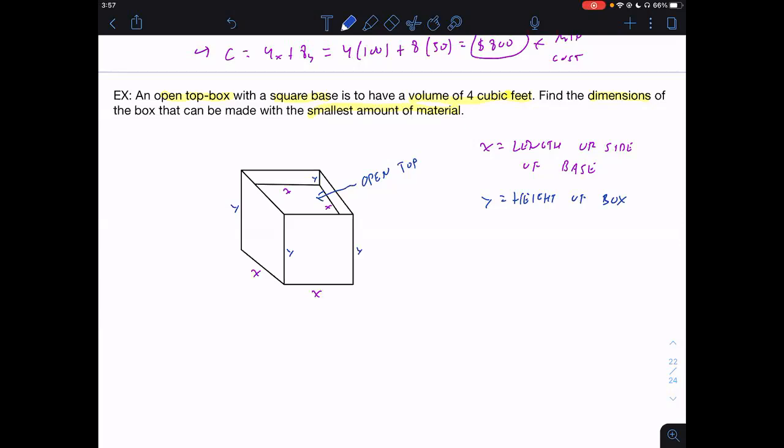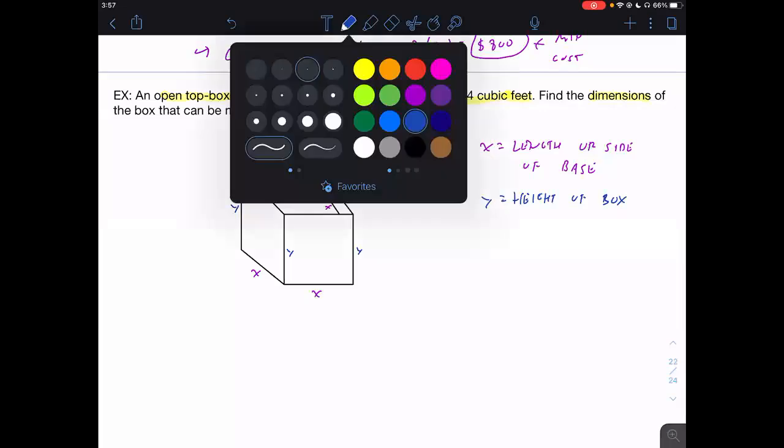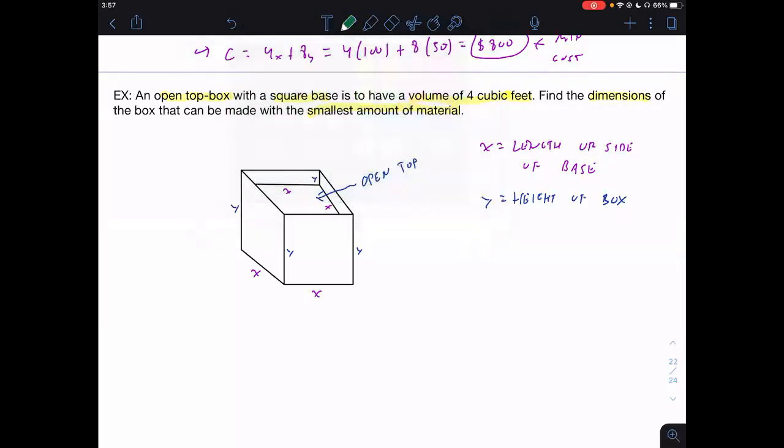So now what? Well, what else does it tell us? It tells us this open top box is to have a volume of 4 cubic feet. How do we define volume again? How do we find the volume of a box?